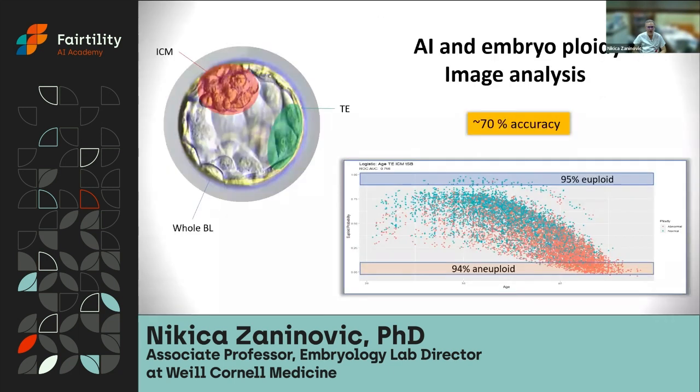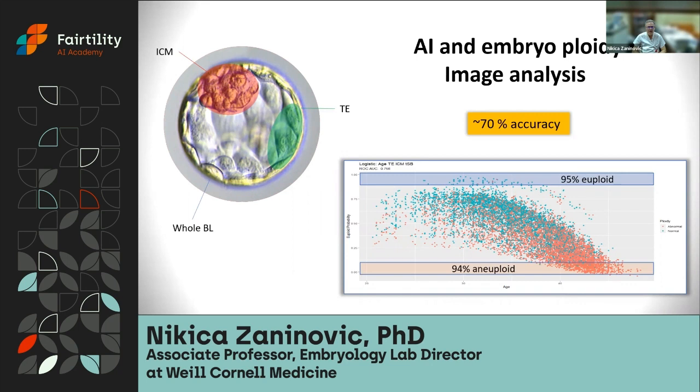Related to PGT, there are also recently a lot of papers trying to non-invasively predict the ploidy of the embryo. Interestingly, on the blastocyst level, some of these image analyses are based on the whole embryo, the whole blastocyst, just trophectoderm, or just ICM. Overall the accuracy is around 70%, but I think it's really good, because keep in mind, not even PGT biopsy gives you 100%.